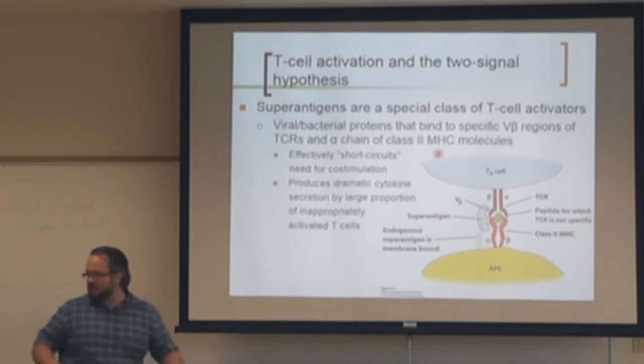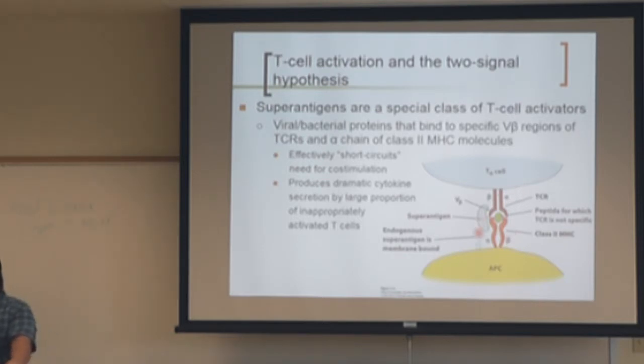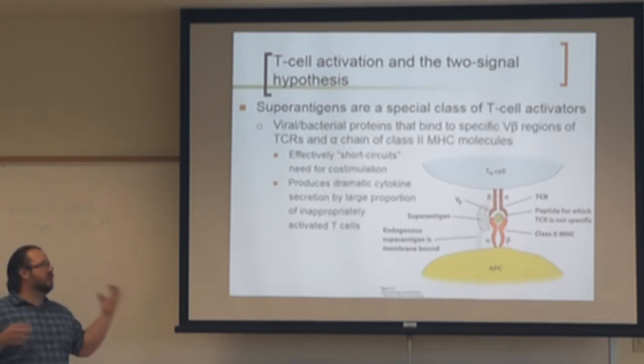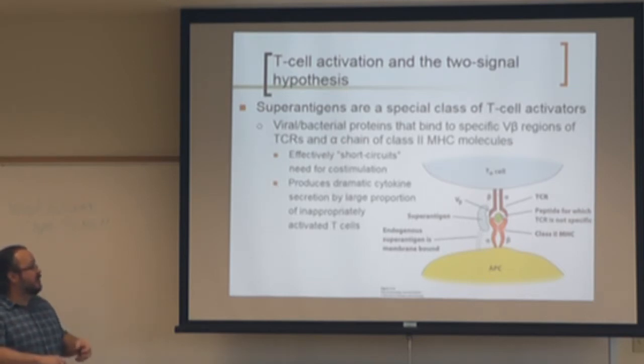A superantigen binds to the variable region, the V beta, and it binds to all V betas within a certain class. It's as if I had an antibody that stuck these two together, and regardless of whether the T cell recognizes this peptide antigen, it is going to cause them to bind together as if they did recognize each other.